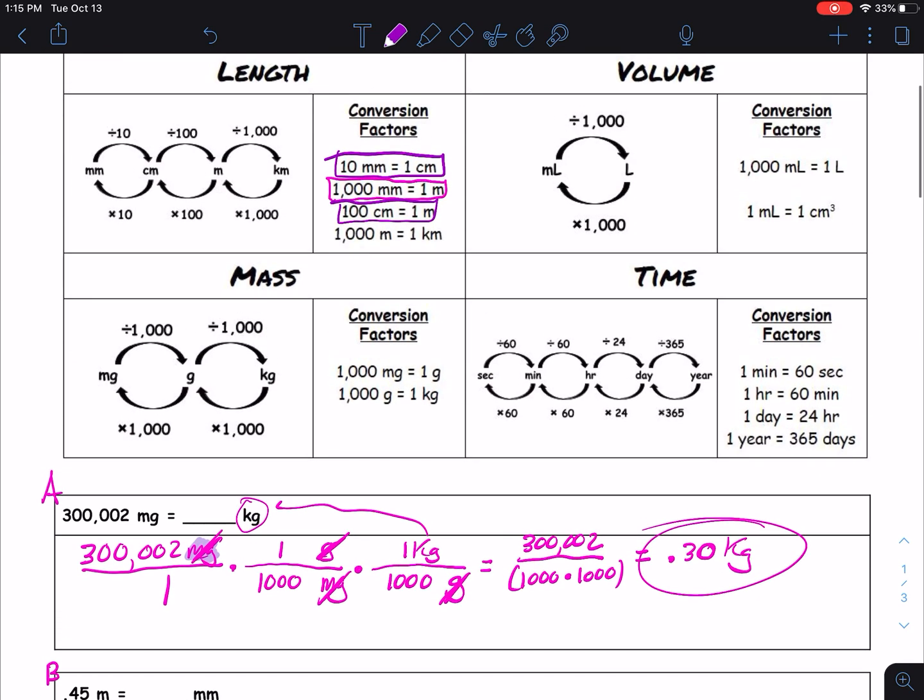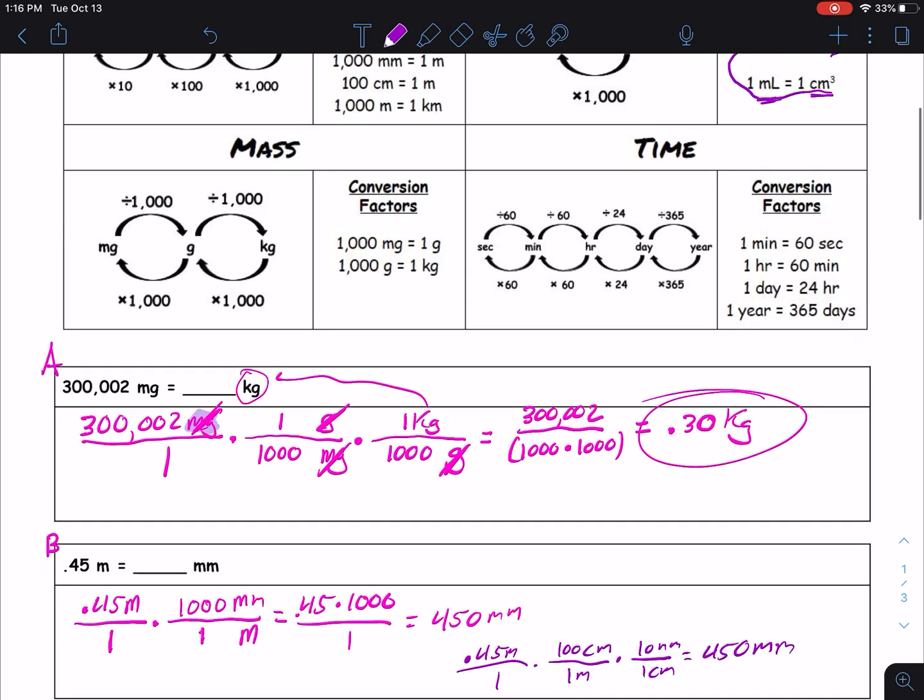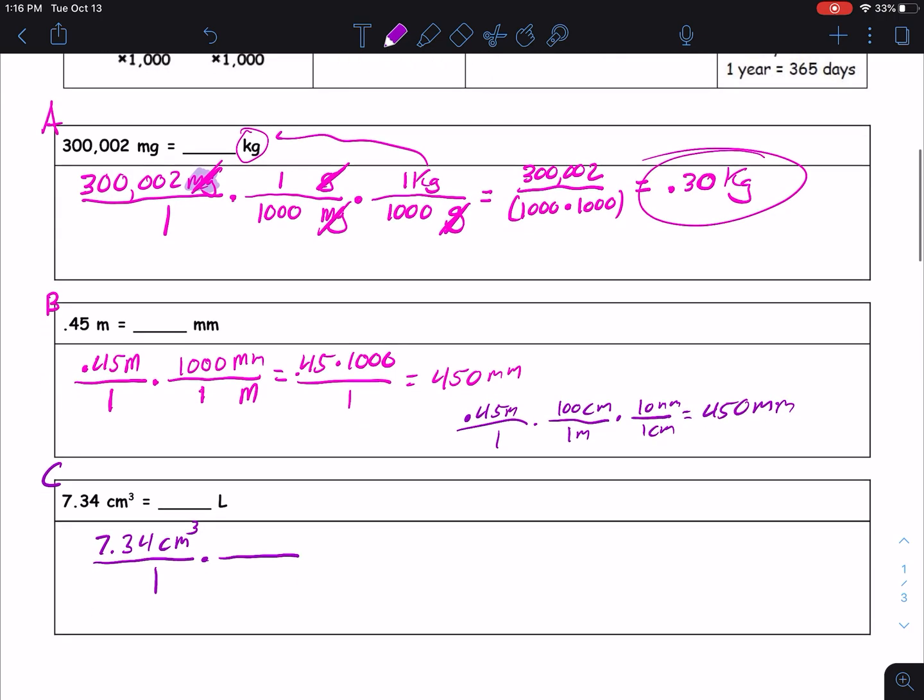Now centimeters cubed is a unit of volume. When we look at volume, we can see I can go centimeters cubed to milliliters, but not straight to liters. But we can go centimeters cubed into milliliters and then milliliters into liters. So that's what we're going to do.